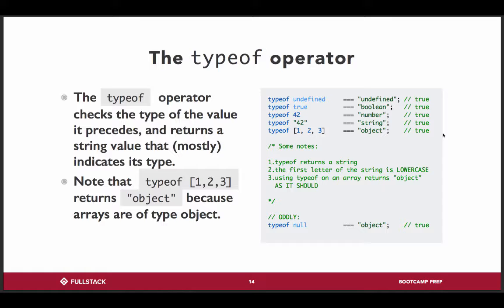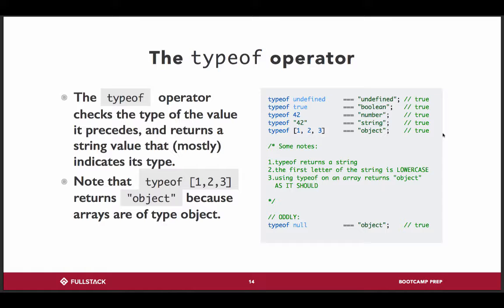It's mostly useful for debugging and exploring what something is. Maybe a new API that you want to play with, you'll console log the typeof what's being returned. But if you're checking if the typeof is a string, you want to make sure it's all lowercase, and it's a string of number.